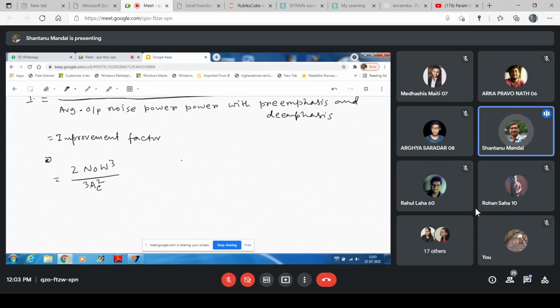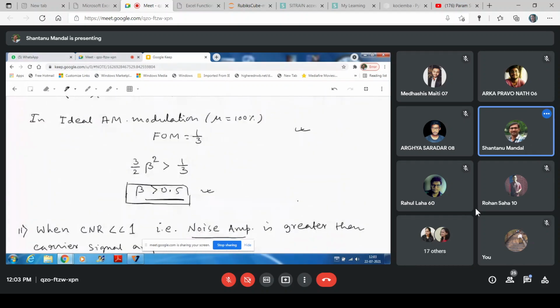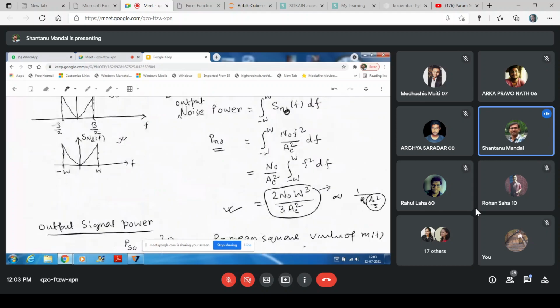And the average noise power with pre-emphasis and de-emphasis is the same as only this one, that is N0 by AC square, and here instead of F square only, the de-emphasis filter is there.